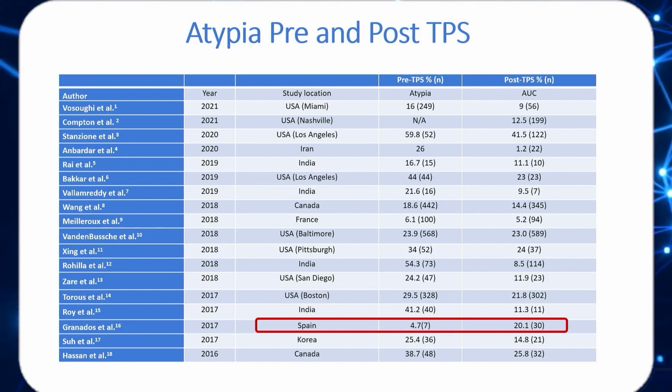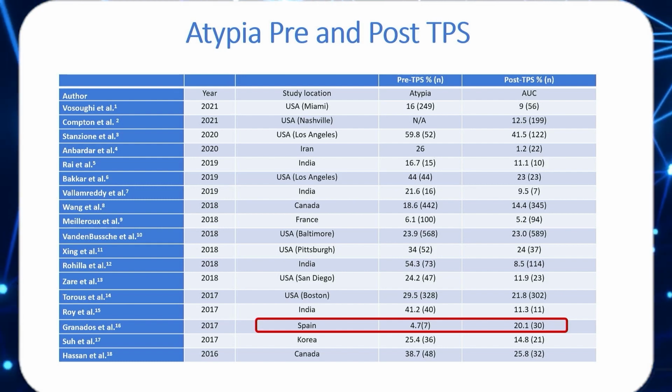As you can see, this is pre-Paris System version 1. This is the post-Paris System version 1. Every single publication is showing you a reduction, with the most significant coming from the University of Miami group here. Also, the Koreans were able to reduce it quite significantly from 25 to 14.